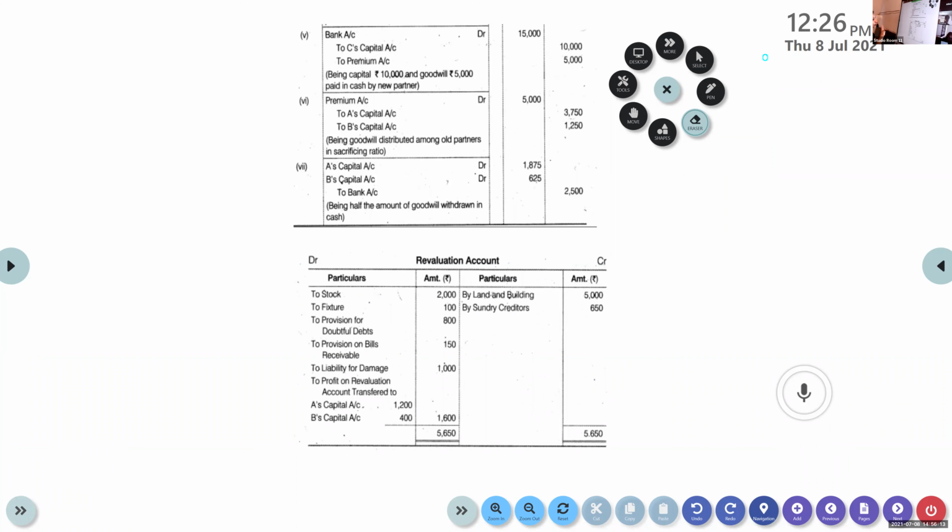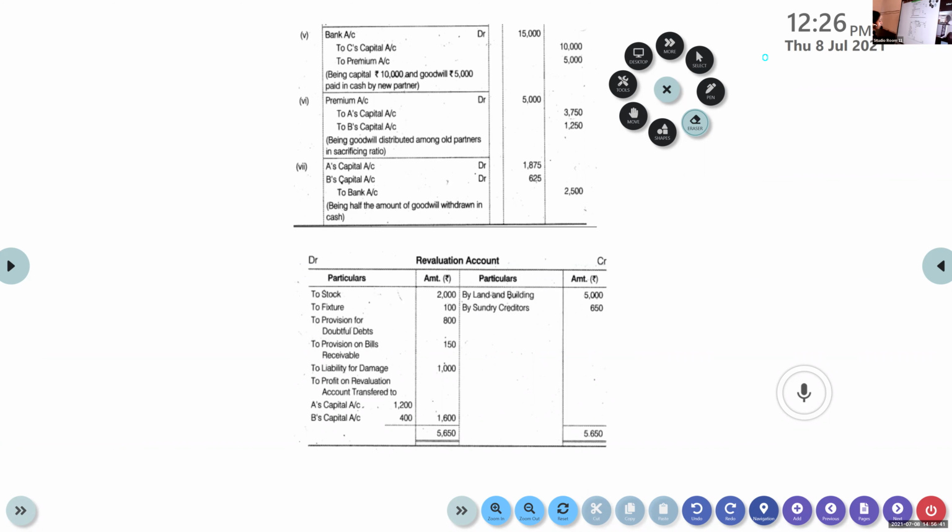Then stock value, asset decreasing, 10% decrease. Fixtures also decrease. Then provision for doubtful debts, 5% upon sundry debtors.